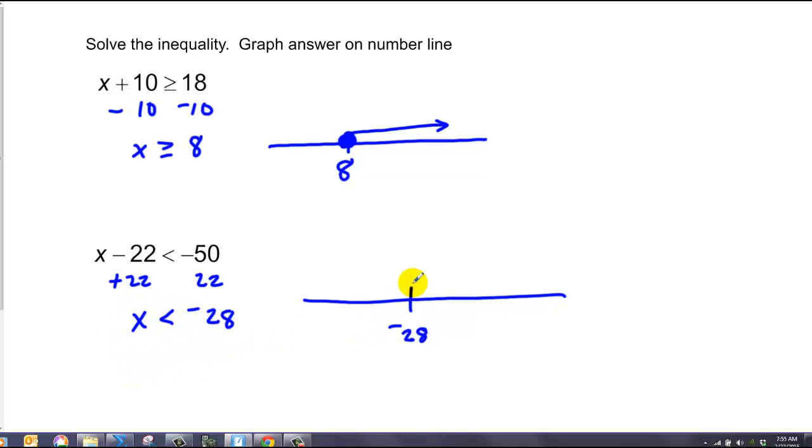If I don't want to include it, instead of a closed circle, I draw an open circle at negative 28, and I draw all the numbers that are less than that. So those are the numbers going to the left. But again, the distinction is equal to as a filled-in circle, not equal to as an open circle.